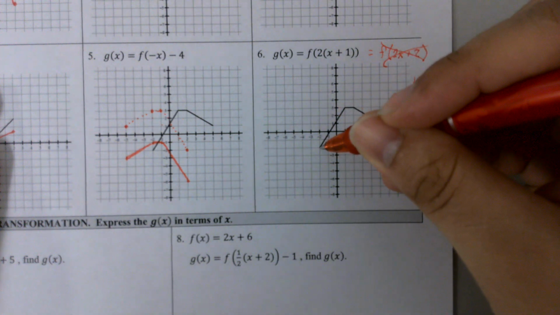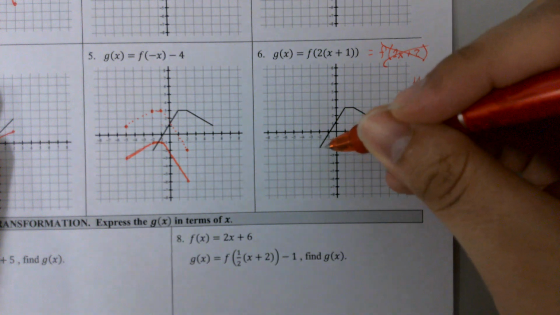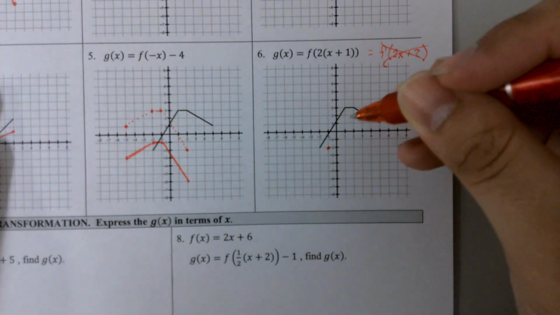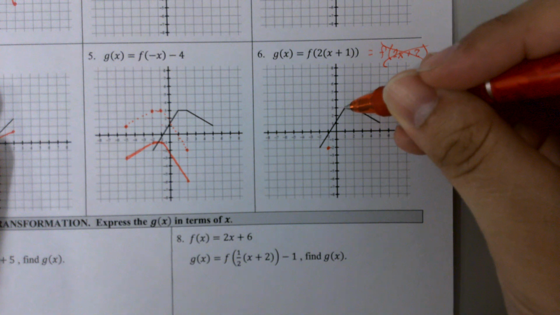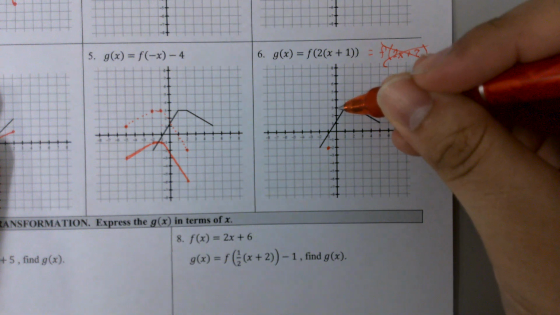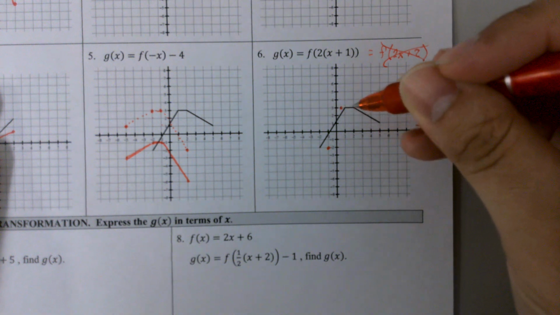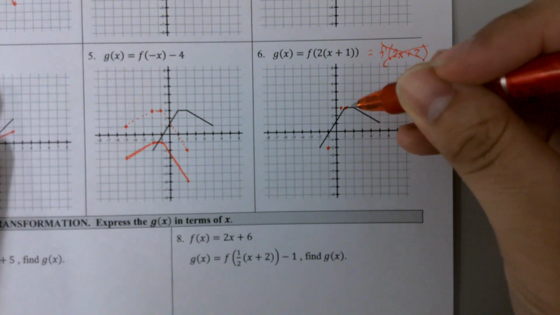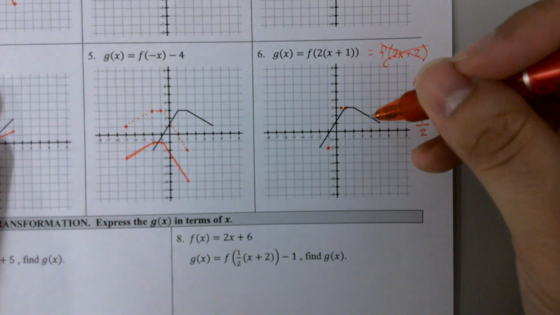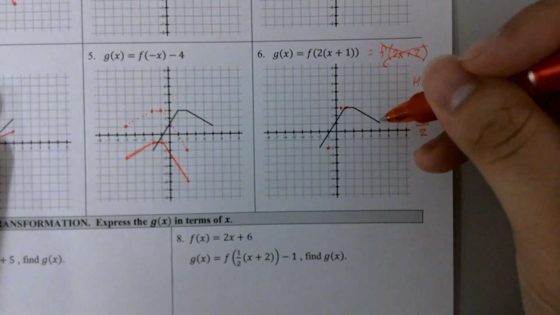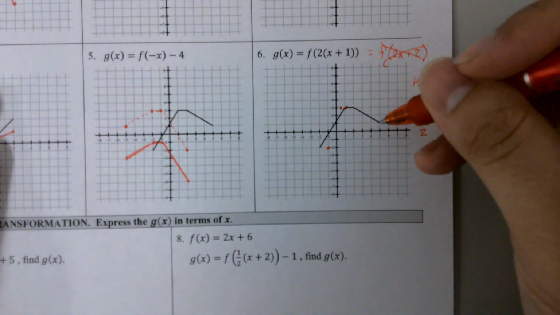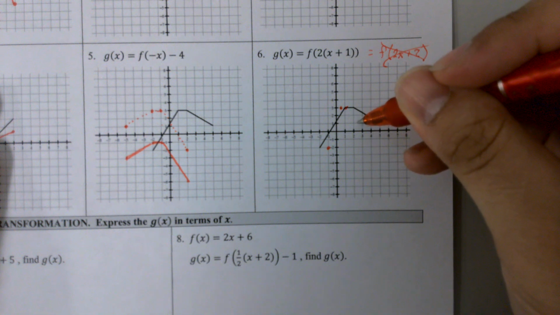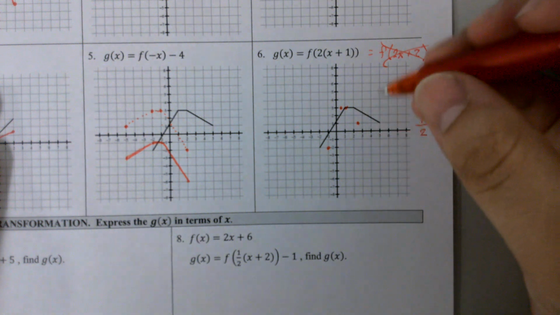So the x-coordinate of this point is -2, that's now going to be -1. The x-coordinate of this point is 1, it's now going to be 1/2. The x-coordinate of this point is 2, it's now going to be 1, getting a little cramped right there. And the x-coordinate of this point is 5, which is now going to be 2.5.